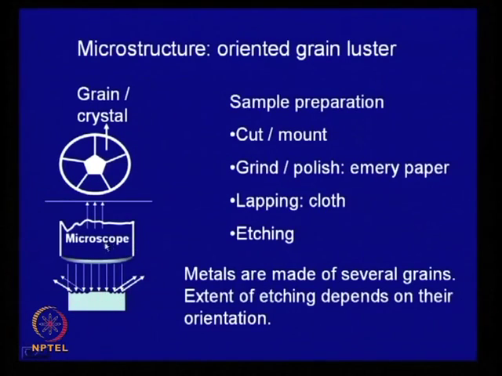When the light falls on the sample, wherever these faces are inclined, part of the light gets reflected away, so whatever you see through the eyepiece is not the entire light, only part of it. This is shown schematically here.